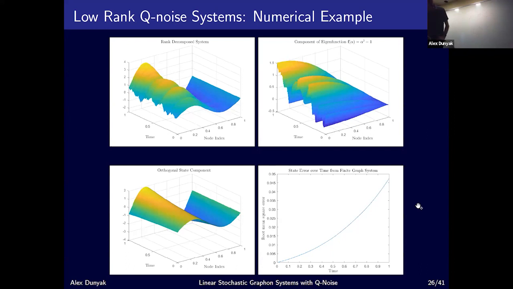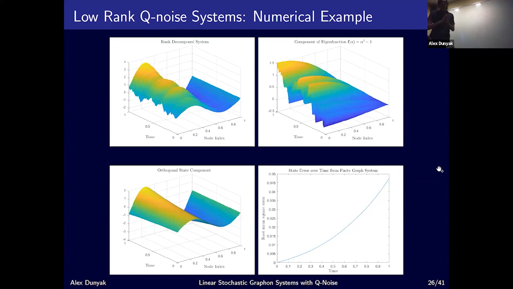And if we look at the state error over time, from the root state error over the spatial indexing of the finite graph system and the low rank graphon approximation, we have a similar mean root error evolution over time.